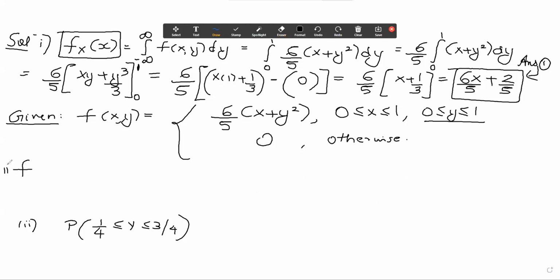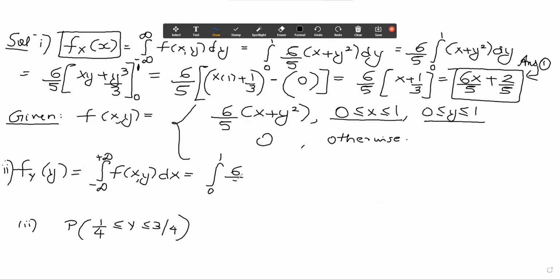The second part of the question asks us to find f of y, which in general is the integral from minus infinity to plus infinity of f(x, y), and you integrate with respect to x. Now x in the question goes from 0 to 1. f(x, y) is 6 by 5 times (x plus y squared).